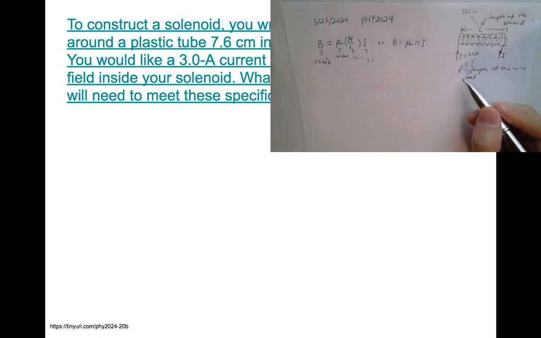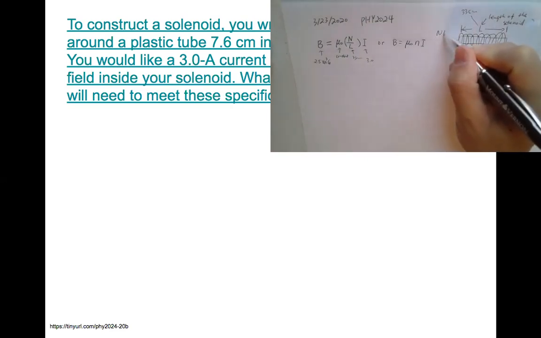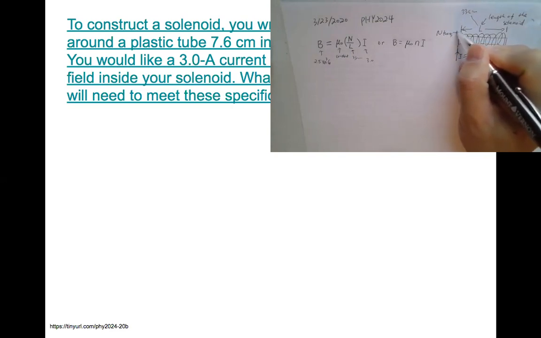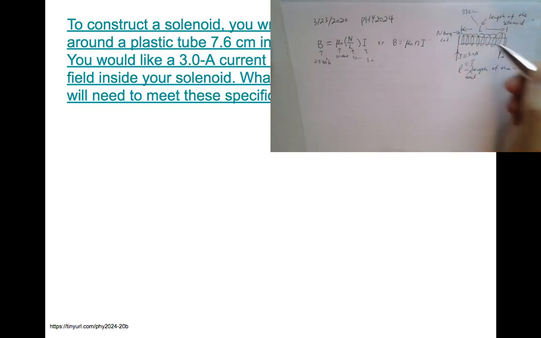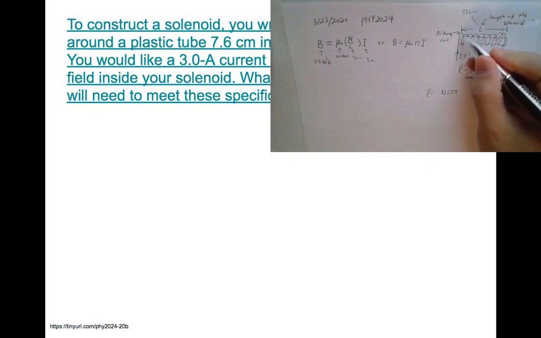Now, what will small l be equal to? If you have n turns of coils over here, then the length l should be equal to n times 2 pi r, the circumference of each coil.